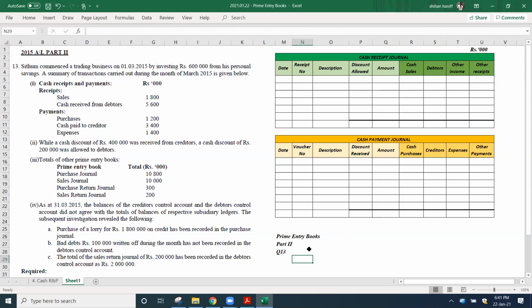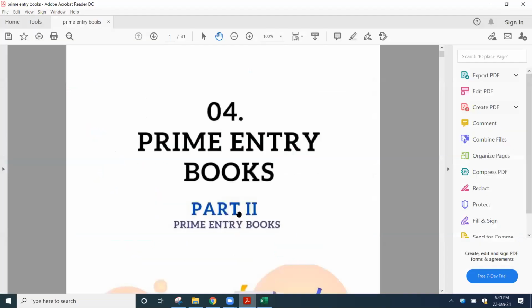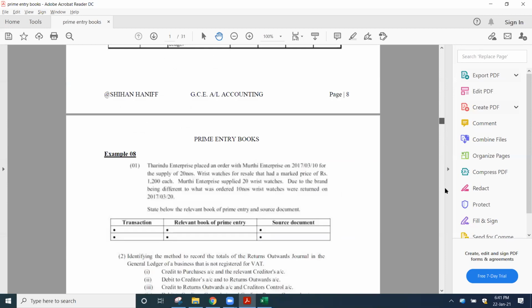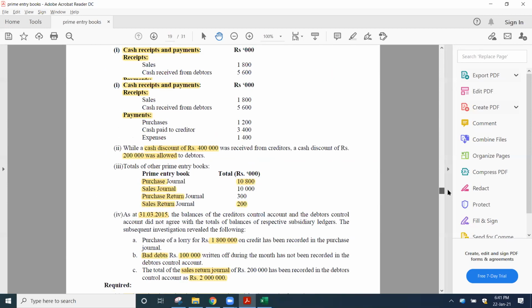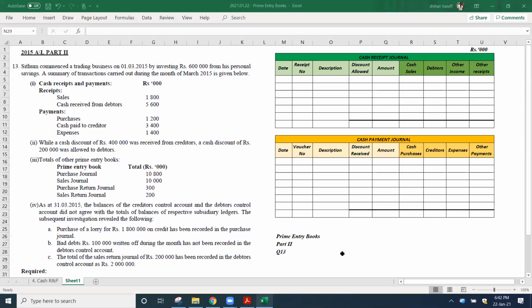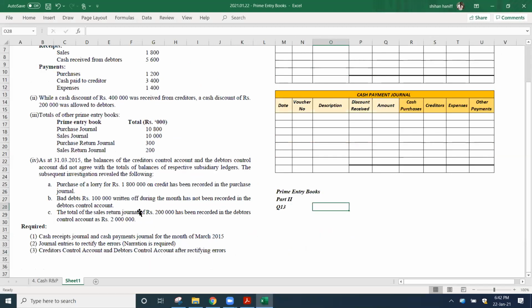Part 1 is source document, part 2 is prime entry books. In that, question number 30. In this question number 13, 2015 A-level paper. So this is the way that you get the questions.